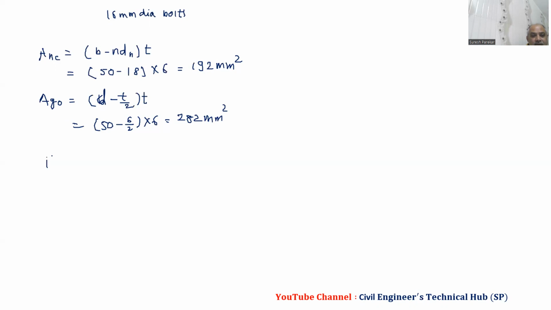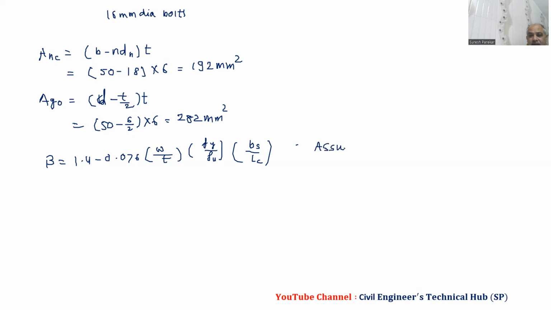Then we have beta, which is equal to 1.4 minus 0.076 W by T, Fy upon Fu, Bs upon Lc. So we are going to assume only two bolts because load is very less.